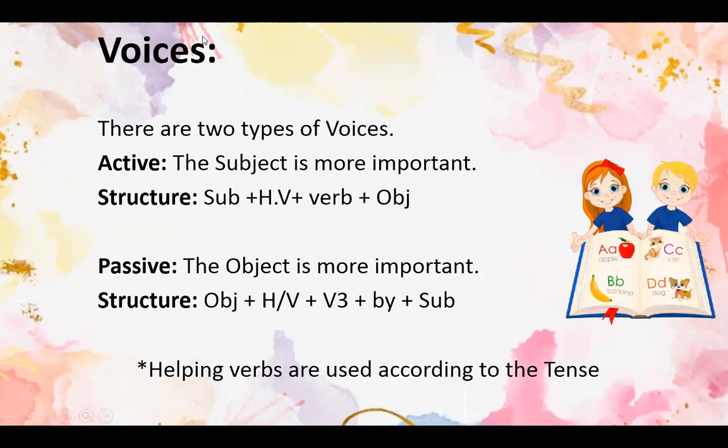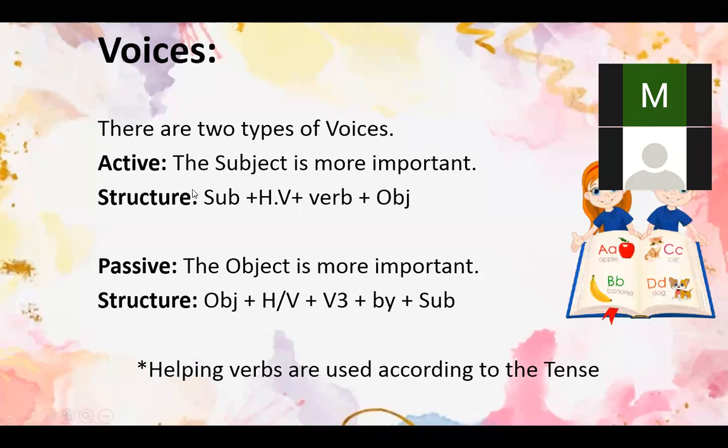Now I'm just going to explain the voices once again. Active and passive voices. There are two types of voices. In active voice, the subject is more important. That's why subject comes in the beginning. The structure for the active voice is subject plus helping verb plus verb plus object. So the thing that I want to show you is the position of the subject. In active voice the subject is in the beginning.